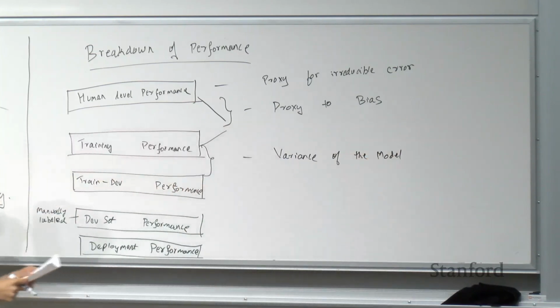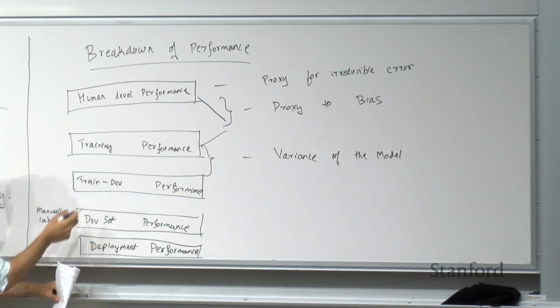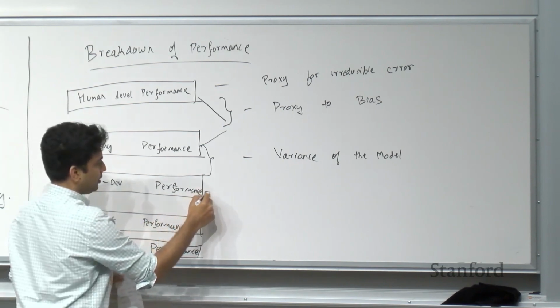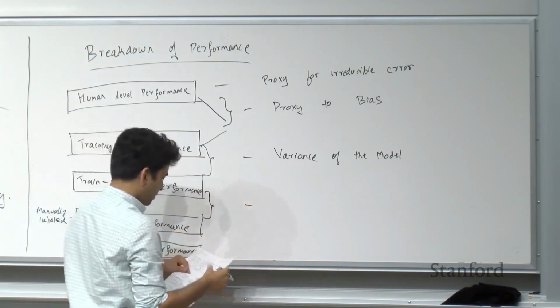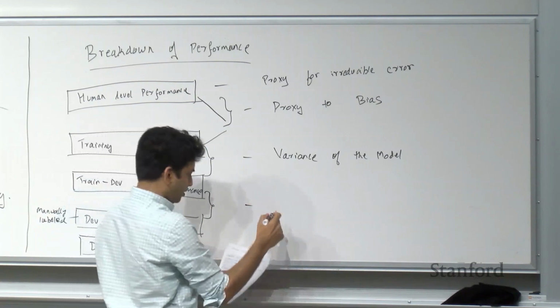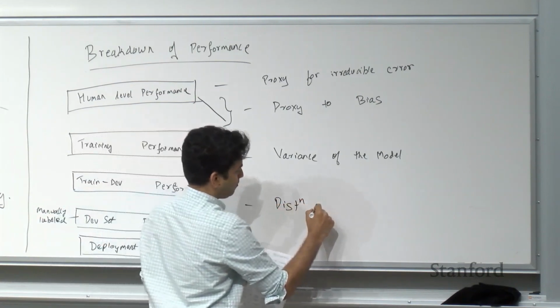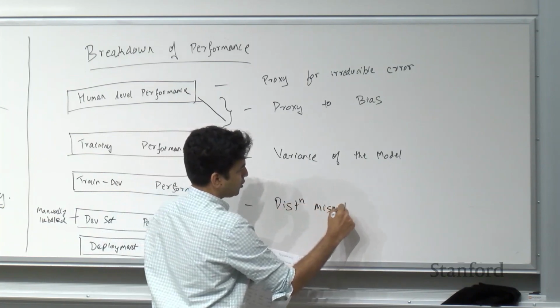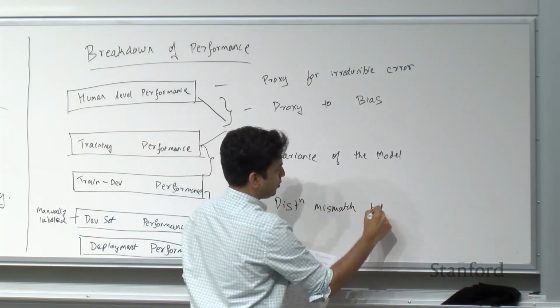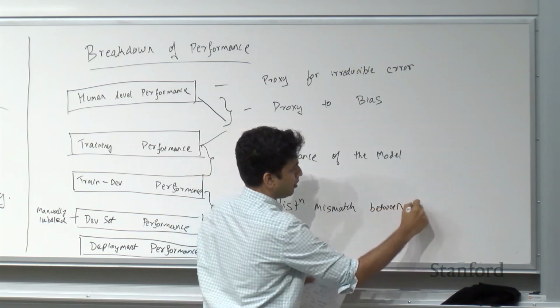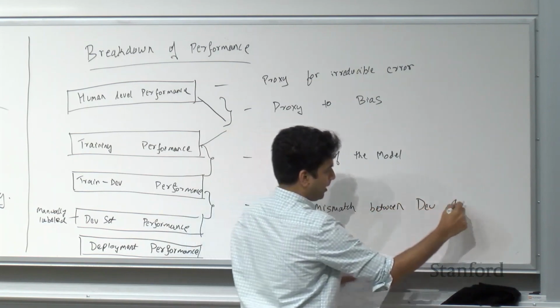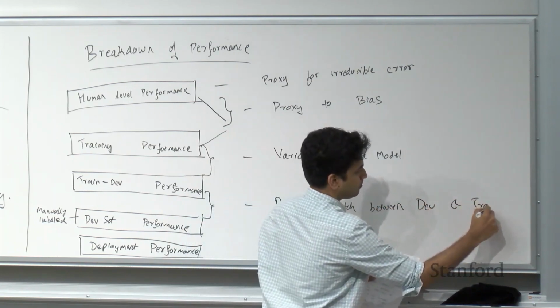And now, similarly, the gap between the train dev performance and the dev set performance, you can think of it as the error due to distribution mismatch between dev and train. Right?